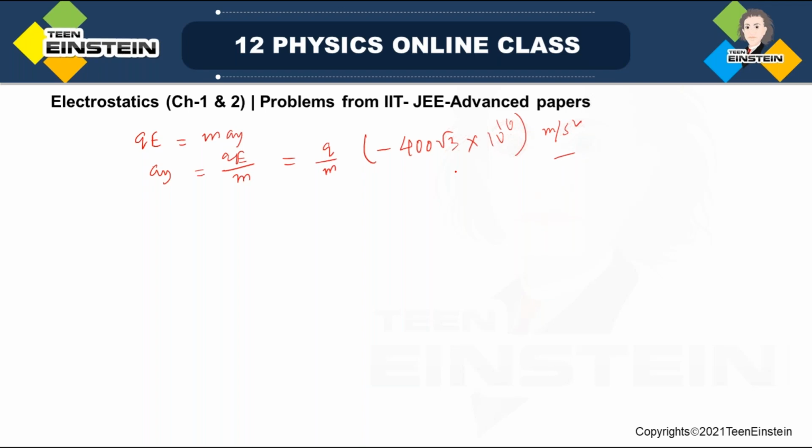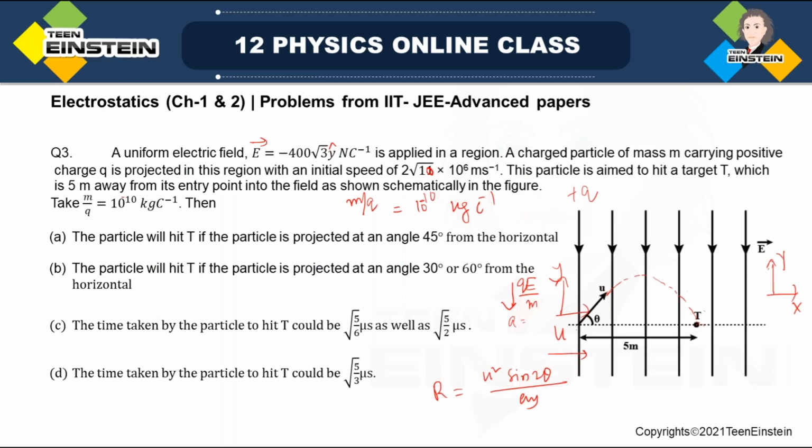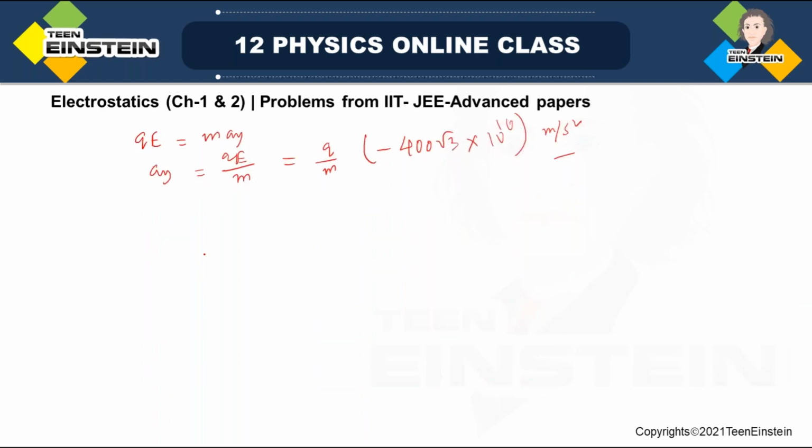Okay, now you have to find out whether the angle of projection is 45 or 30 or 60 from the horizontal. So for that we'll go with the range formula. We know the range is equal to u square sine 2 theta by A Y. So Q by M I have already used.